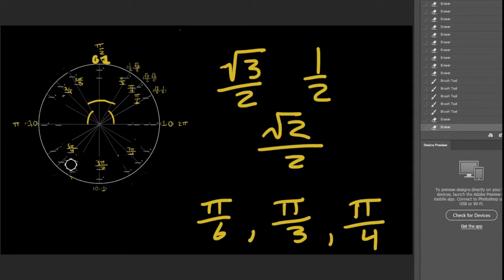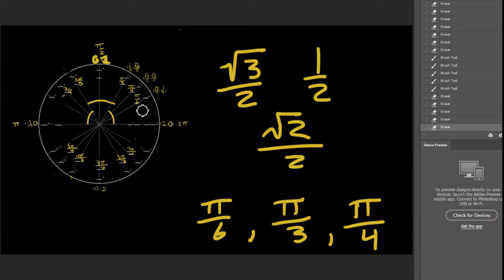Then you go down here, that should become 4 pi over 3, right? Yep. And then you go to here, that should be 5 pi over 3. So you always have to have that constant visualization of where these are in relation to each other. And then you come down here. Obviously, it's going to be 6 pi over 3, which simplifies to 2 pi.